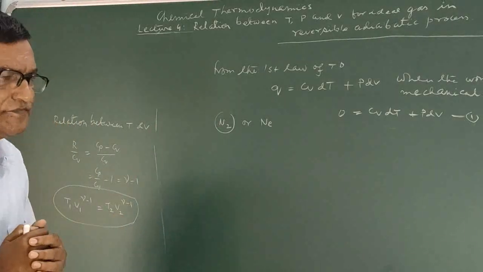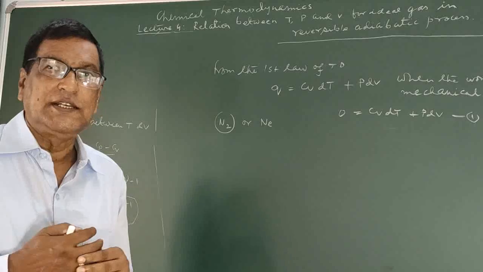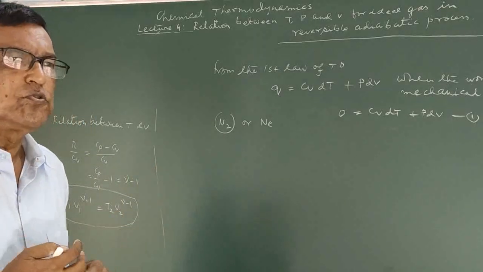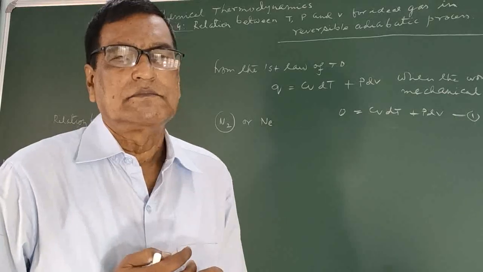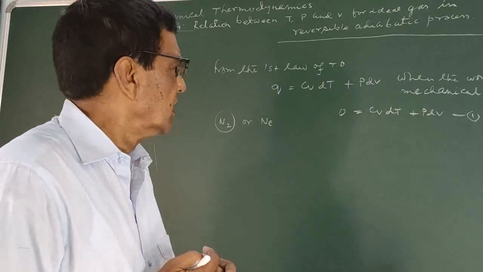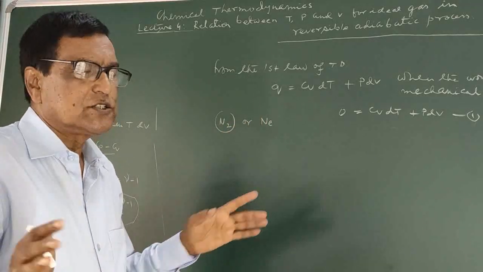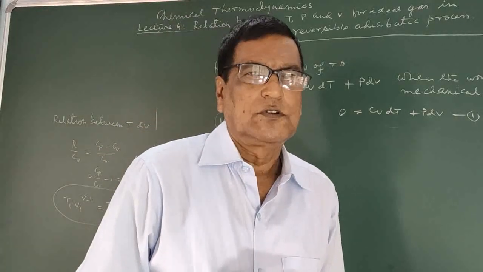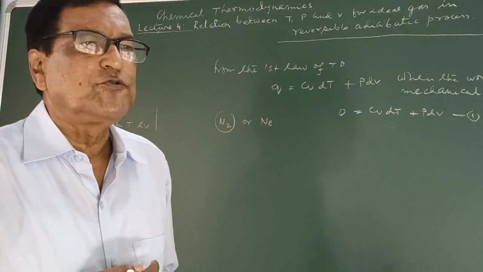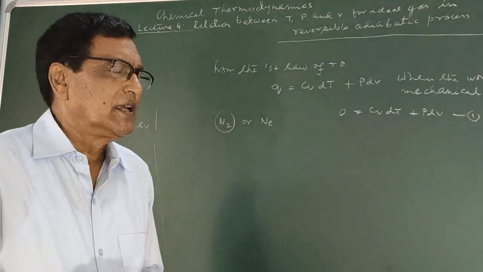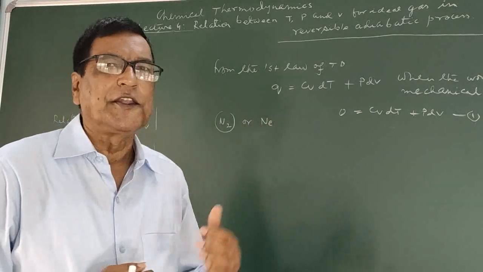N is seen on the label of this cylinder, but due to a long time, the following letters are blurred and cannot be seen, and I shall have to identify whether it is nitrogen or neon.